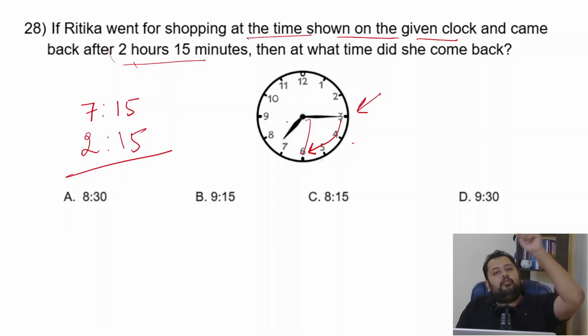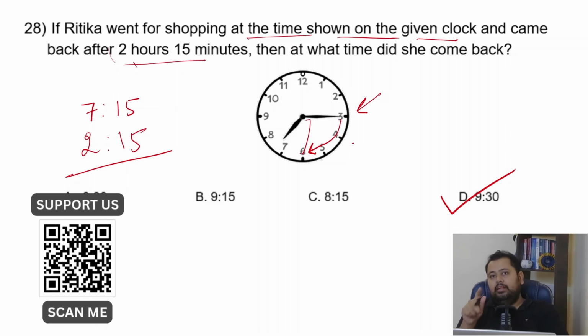From 7:30, one hour will be 8:30. From 8:30, another hour will be 9:30. So option D, 9:30, is when she comes back. 7:15 plus 2 hours 15 minutes is 9:30. One hour from 7:15 is 8:15.